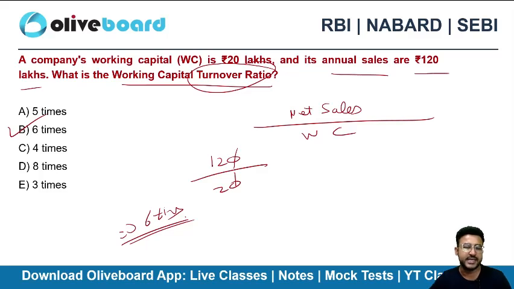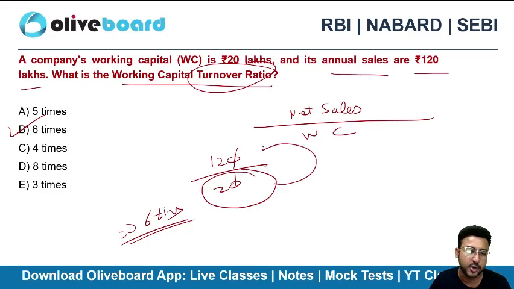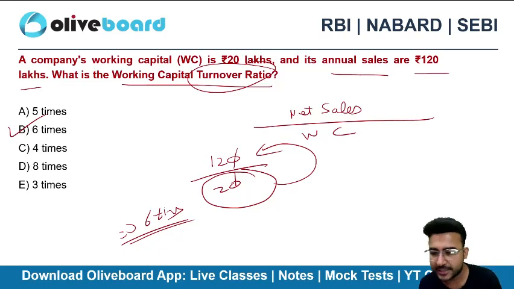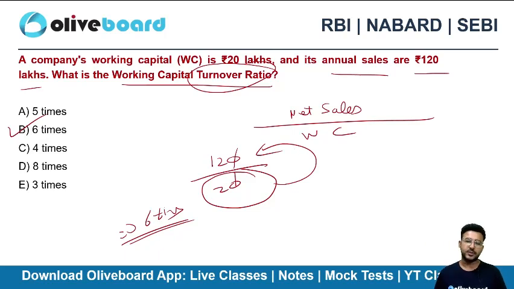So what it states is, I do have a working capital requirement of 20 lakhs in order to generate a sale of 120 lakhs. So 6 times will be my working capital turnover ratio. That's it.